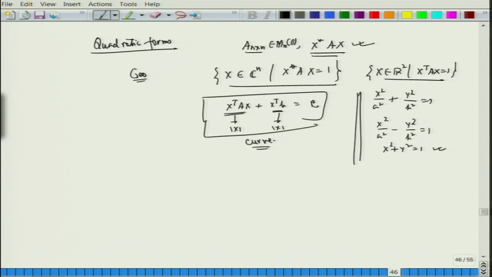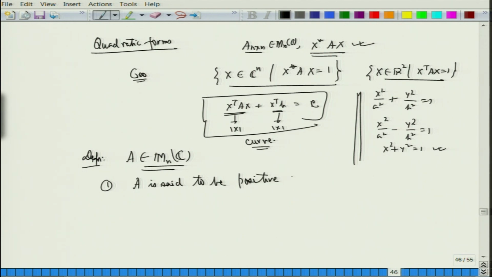All right, so let's start with our definition. I'm going to take A belonging to Mn of C. All our examples will be over real numbers. Once in a while I look at complex numbers, but the definition is over complex numbers. Definition 1: A is said to be positive definite.